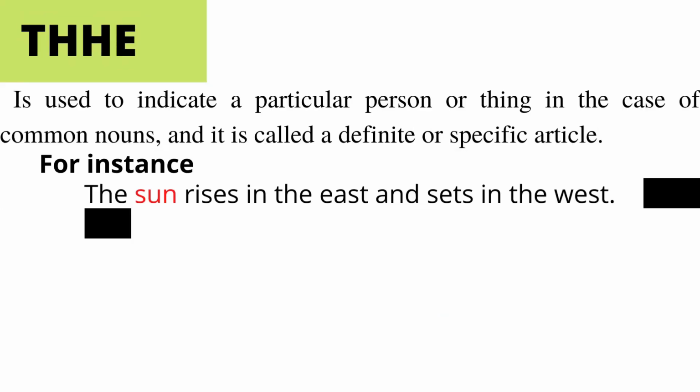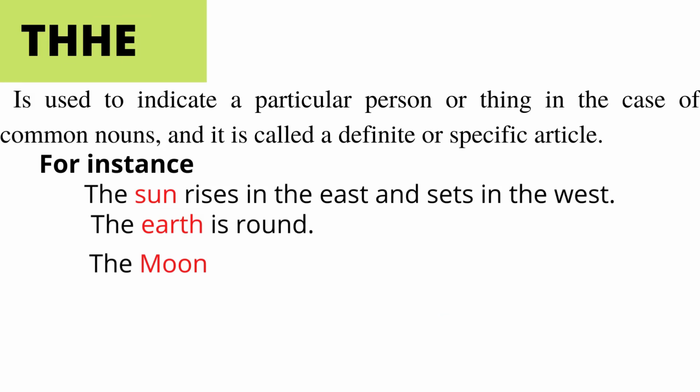So let's learn more about articles in detail. We start with the article the, used to indicate a particular person, place, or thing in the case of the common noun, and it's called a definite or specified article.